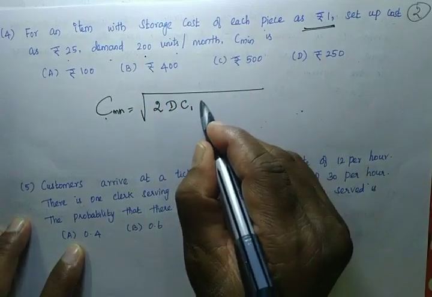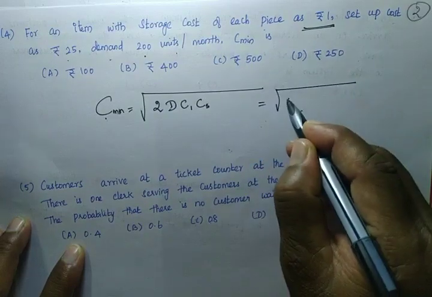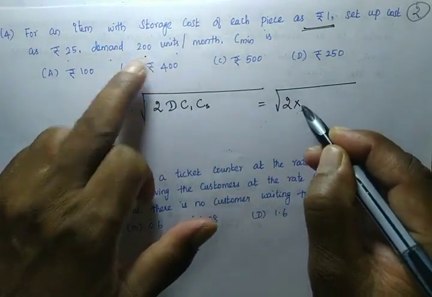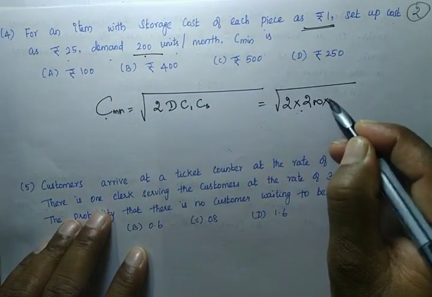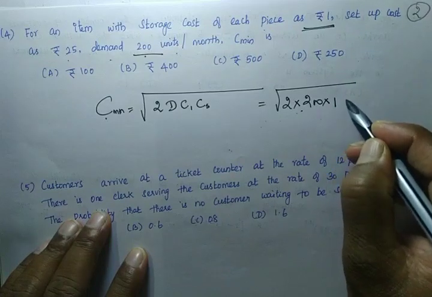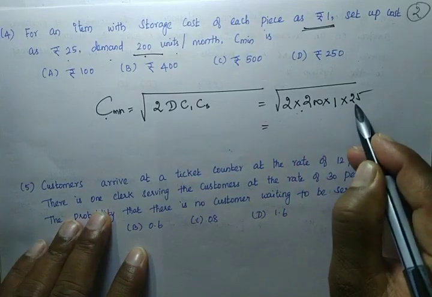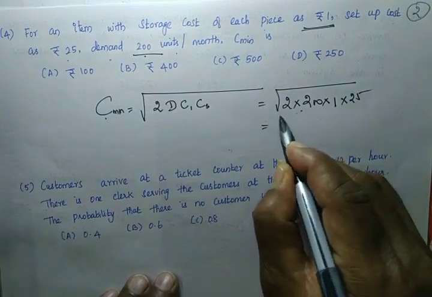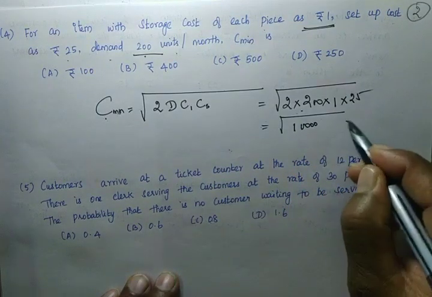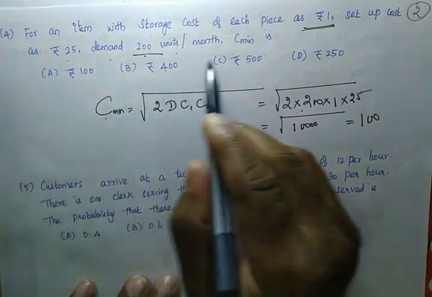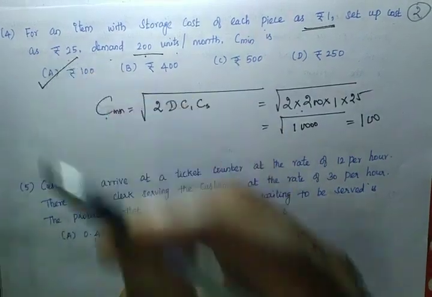Substituting, the square root of 2 into 200, into 1, into 25. 2 into 400 into 25 becomes the root of 10,000, and the square root of 10,000 is 100. Therefore C min, the minimum cost per year, is 100.